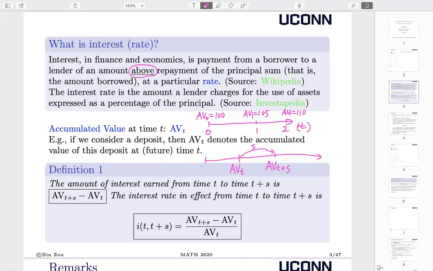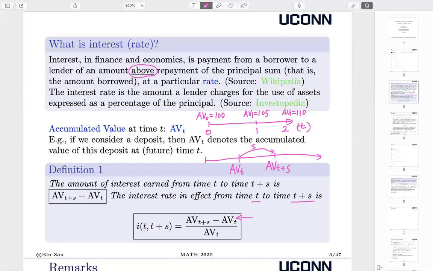So the amount of change is obviously the difference sitting here, right? The numerator part, and we use the difference divided by the starting point. So here we start at time t. So we divide by AVt, and this is the interest rate in effect from t to t plus s.